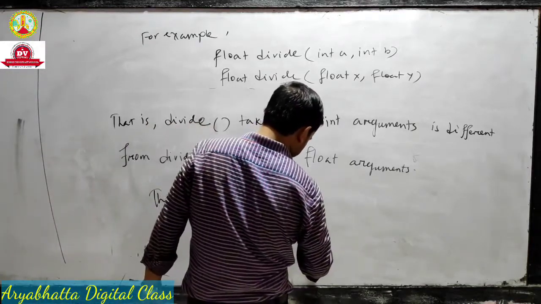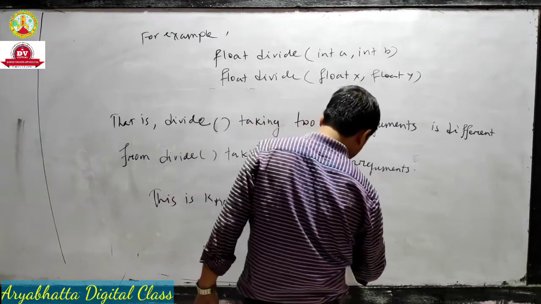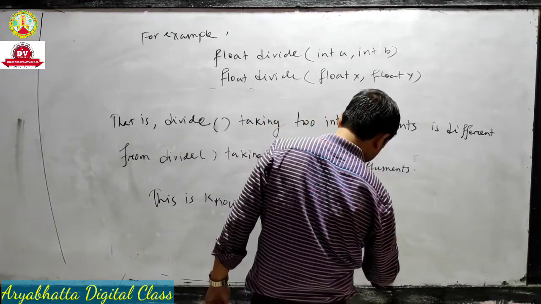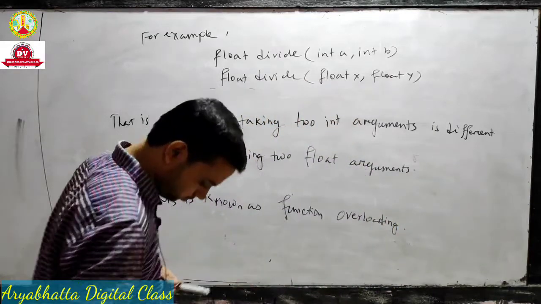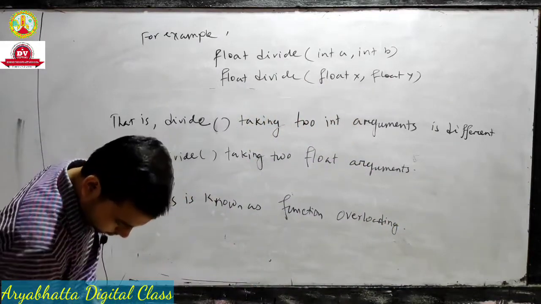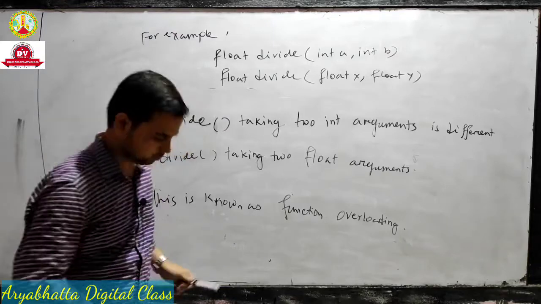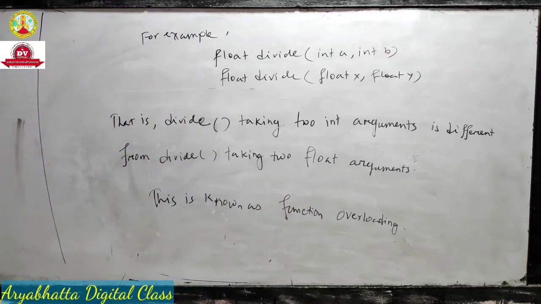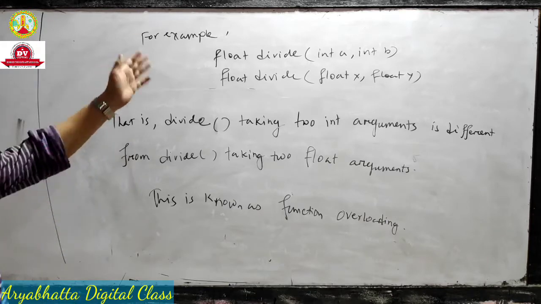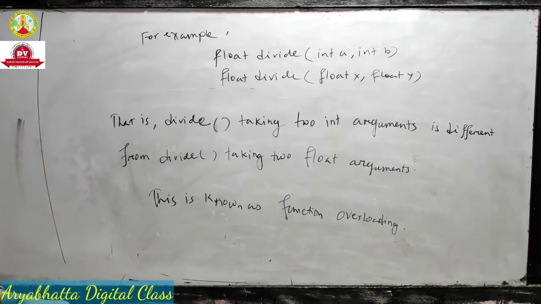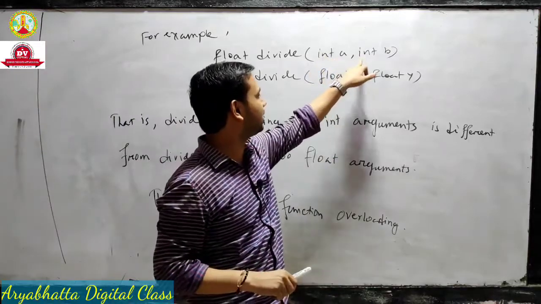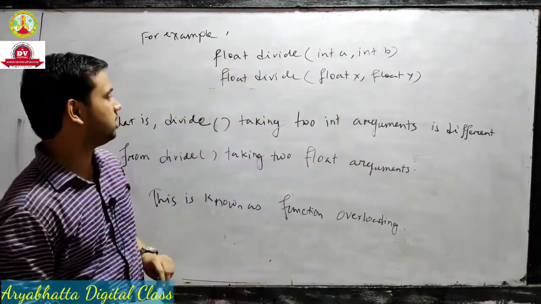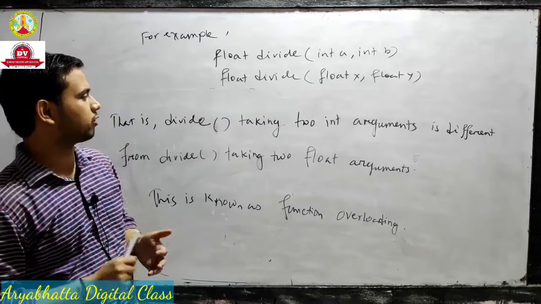This is known as function overloading. See, there are two functions, float divide and float divide, same name, but the arguments are different. In the first function, the arguments are int a, int b. Int means integer. In the second function, float x, float y.